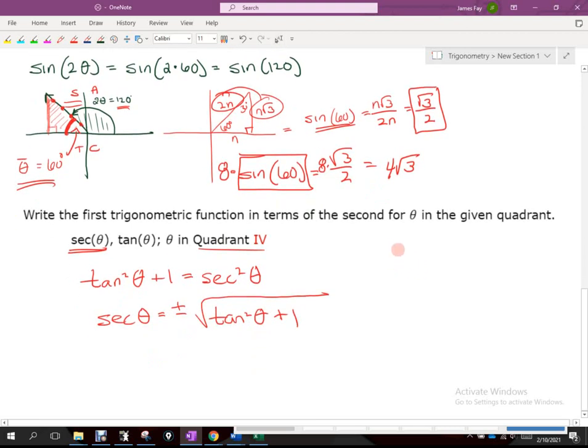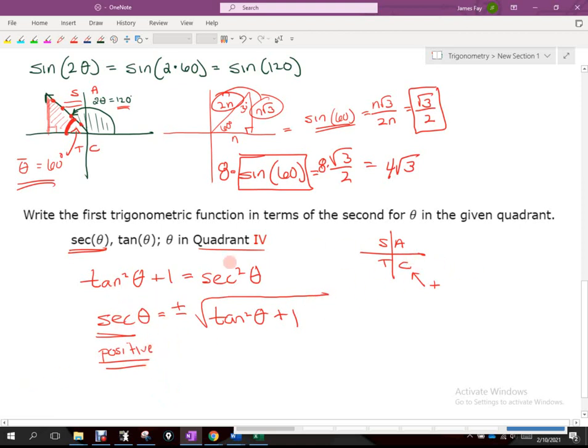Now because we're in quadrant 4, cosine is positive in quadrant 4. So if cosine is positive in quadrant 4, why is secant also positive in quadrant 4? Yeah, because they're reciprocals of one another, right? So secant and cosine are reciprocals.